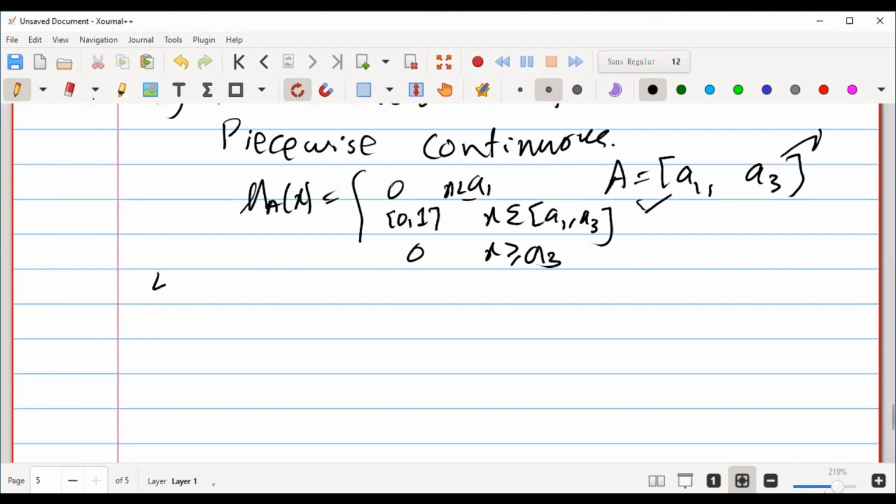And the fourth property is that it is defined in real number.